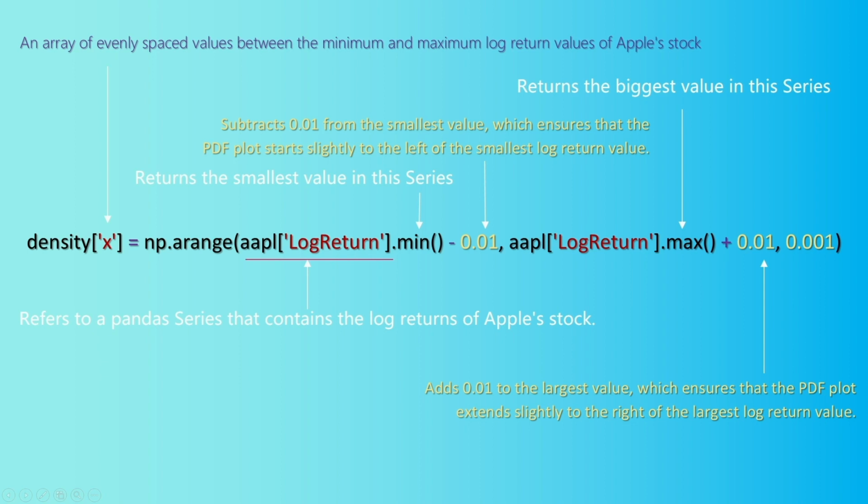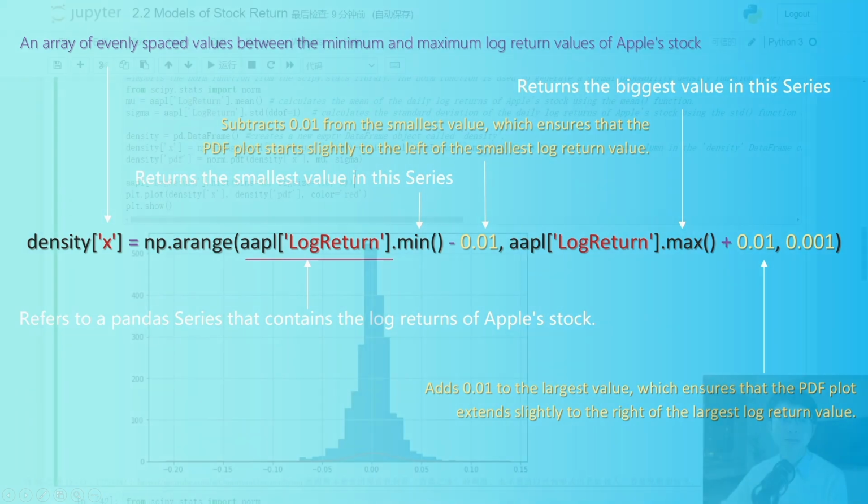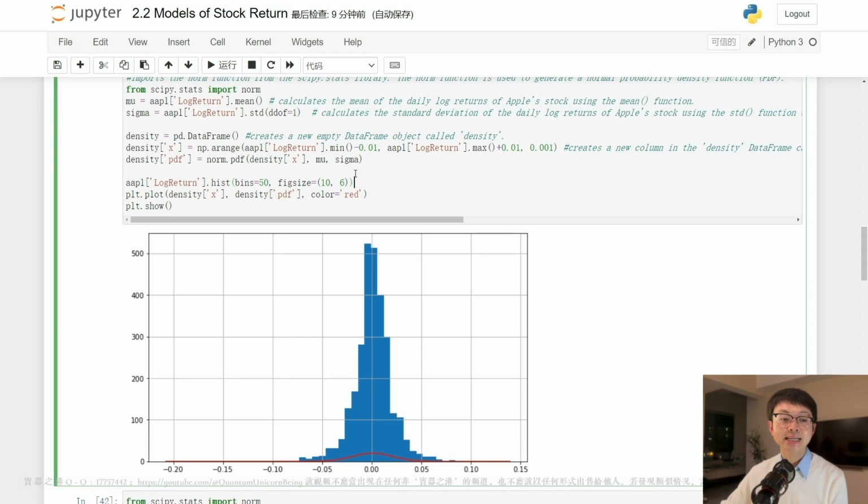These values are assigned to the X column of the density data frame. Overall, this line of code is creating an array of values that will be used to plot a smooth probability density function that represents the distribution of the log returns of Apple stock.